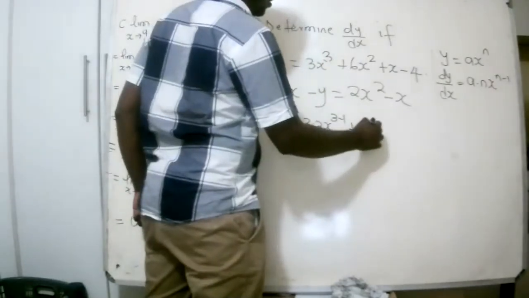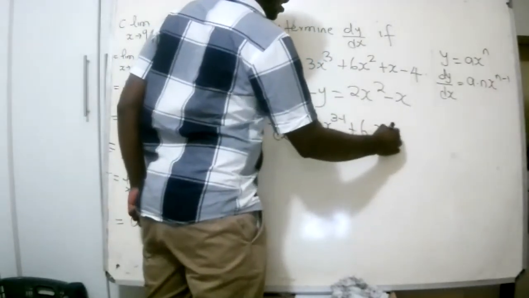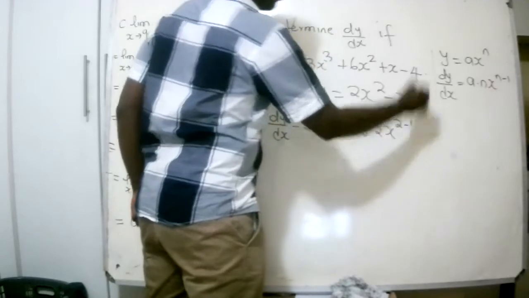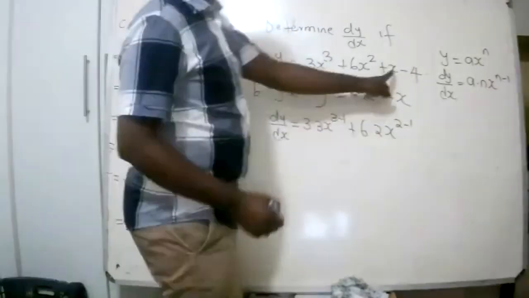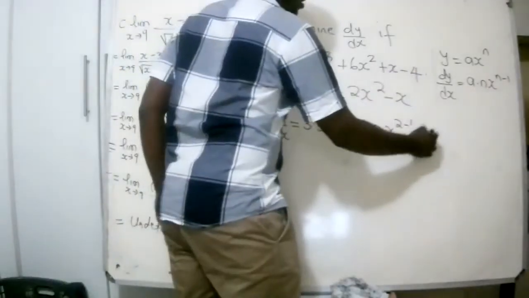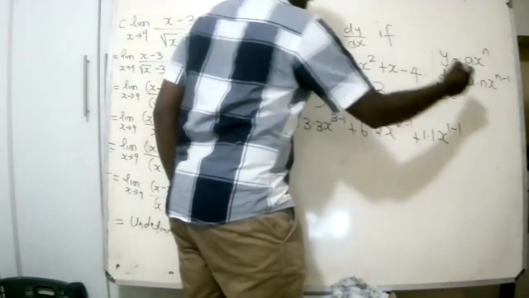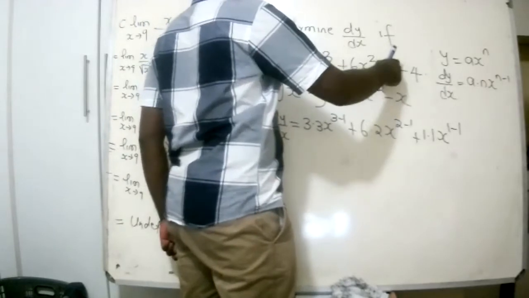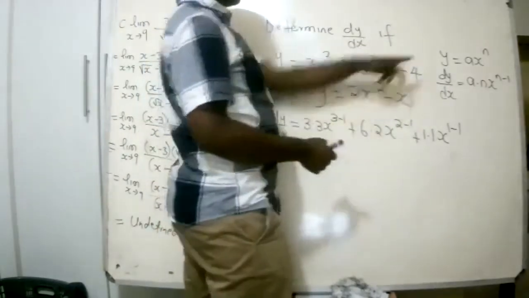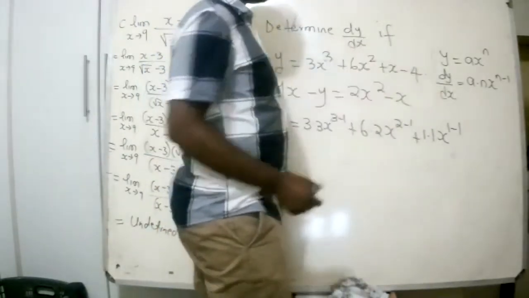So we're going to have 6 multiplied by 2, x, and then on the exponent we subtract 1. And then on this one, we're going to have 1 multiplied by 1, x to the power of 1 minus 1. Because this exponent is 1, you subtract 1 from it, from the rule.